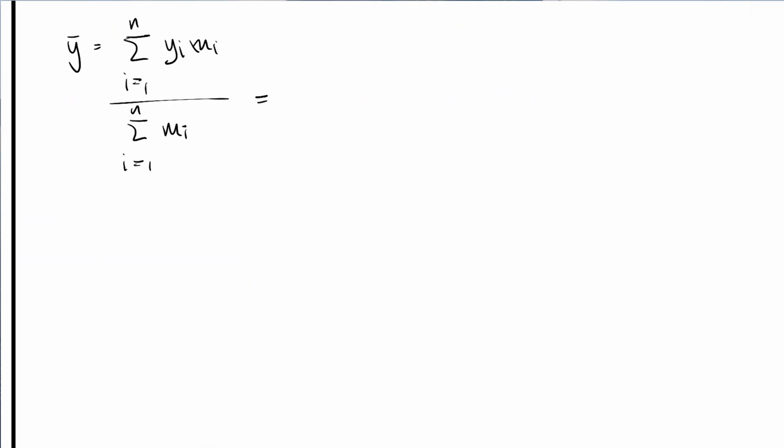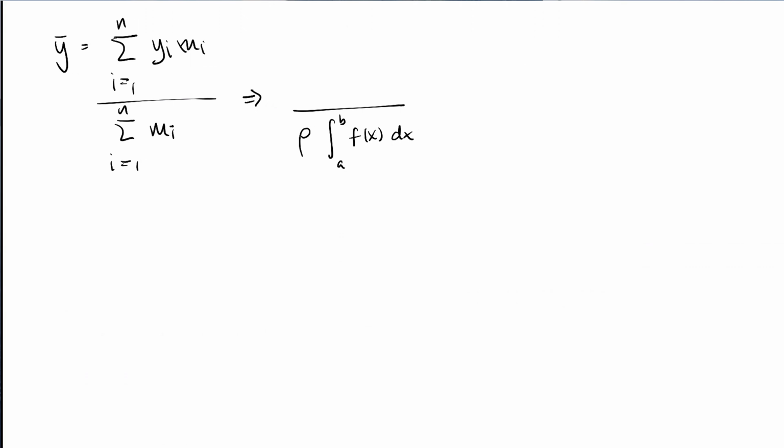Okay. So now what we have is that the bottom is just the integral, so rho times the integral from a to b of f of x dx. And then we have to compute the top, okay? Now, the top, keep in mind that yi represents the distance from my mass to the x-axis, okay? And this is where we have to understand what's going on.